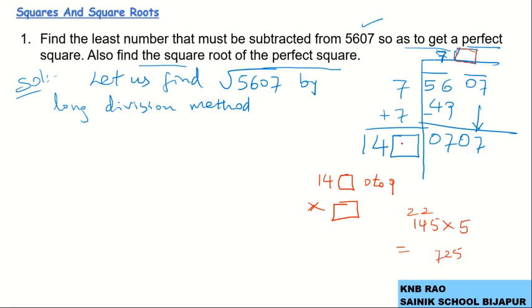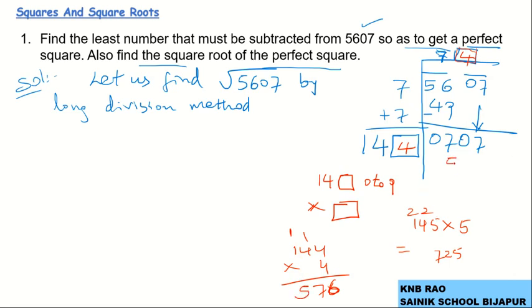That means this digit is compulsorily less than 5 and we took 4. So 144 fours are 576.